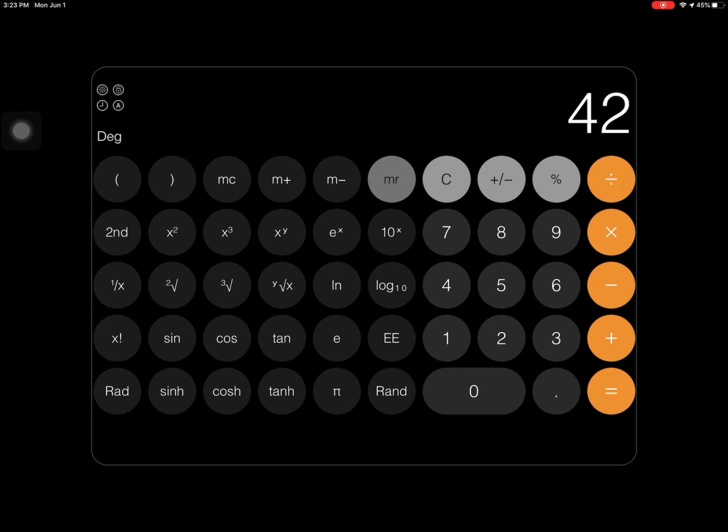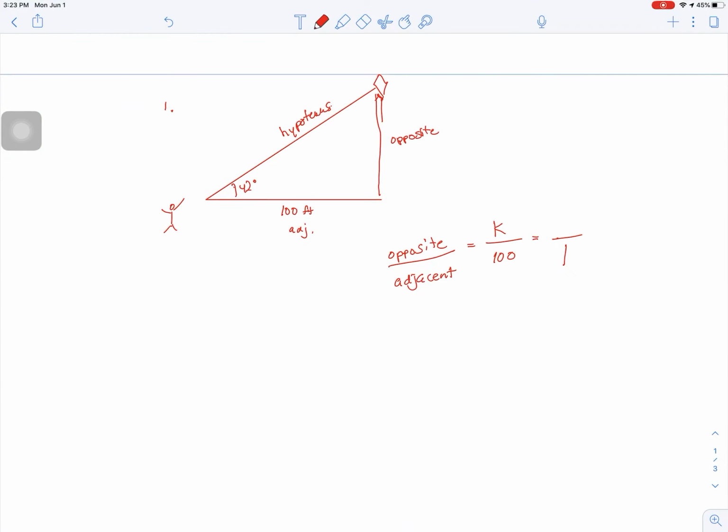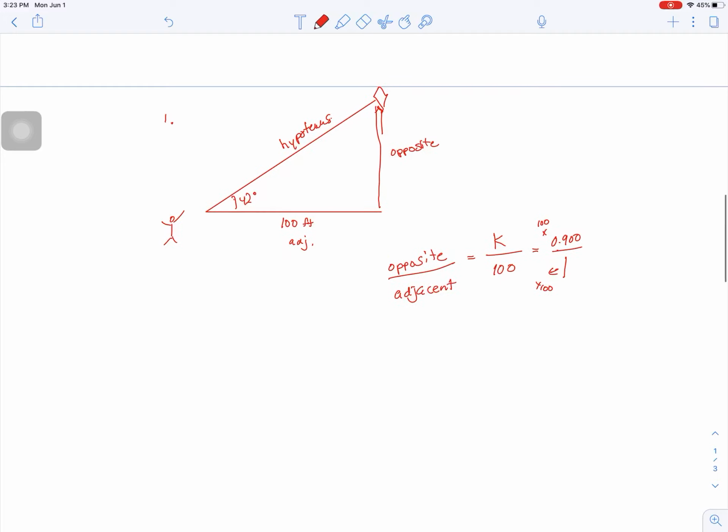So let's go, 42 degrees tangent. And you can see we have 0.900. So let's use that number again. In order to get here, we have to multiply by 100. We multiply this by 100, and we get 90. So the answer is that the kite is 90 feet in the air.